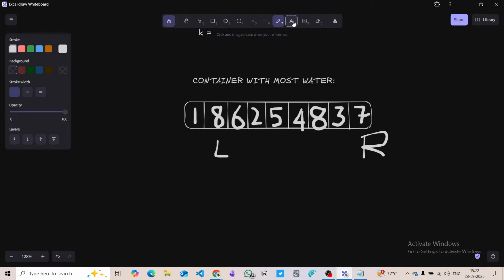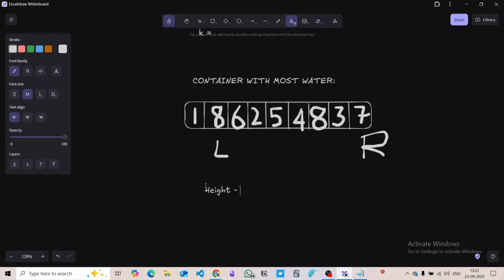How it came is, first we need to find out the height, right? So for the height, we just find the minimum of the left comma right. So from this we know that the minimum is minimum of 8 comma 7, 7, right?